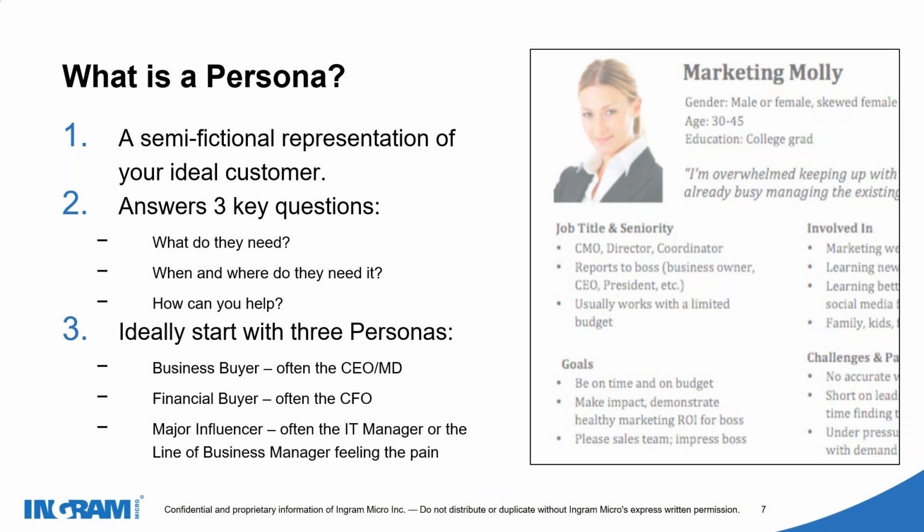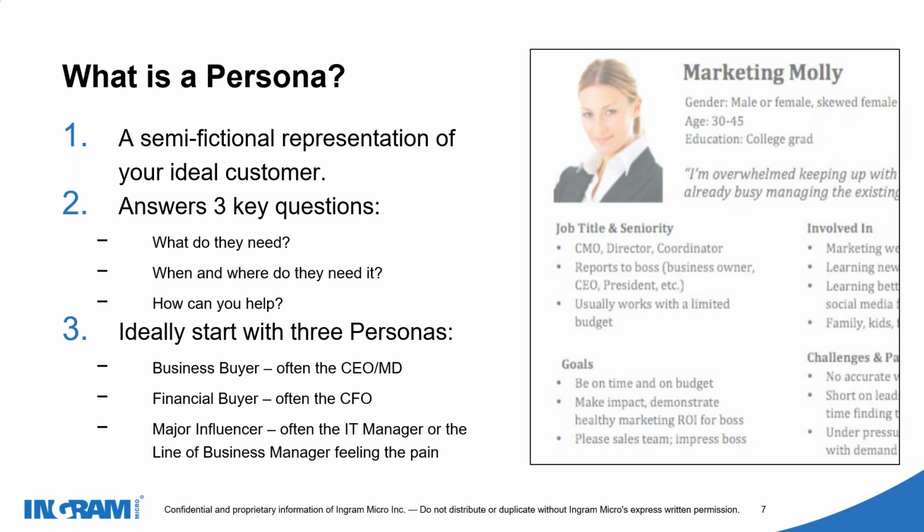Often it's recommended that you start with 3 personas, because there are usually 3 people involved in a purchase decision as a minimum. Larger enterprise purchases involve a larger group of people, but in the small to medium business environment, 3 personas is typically a great place to start.